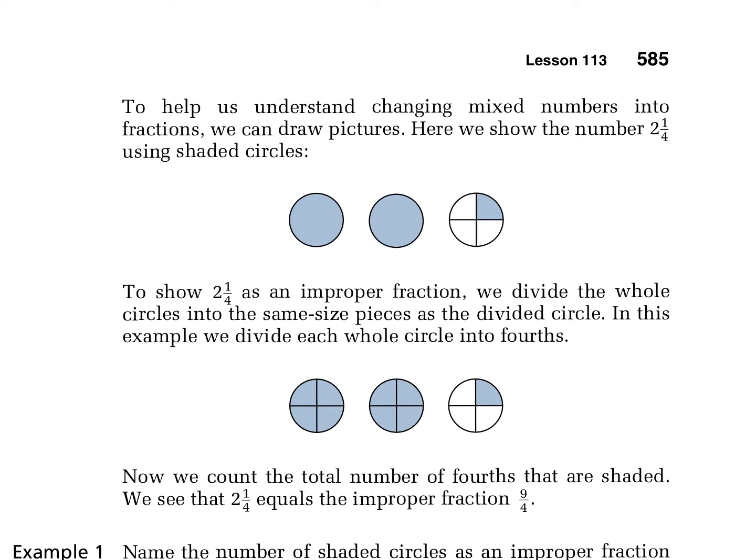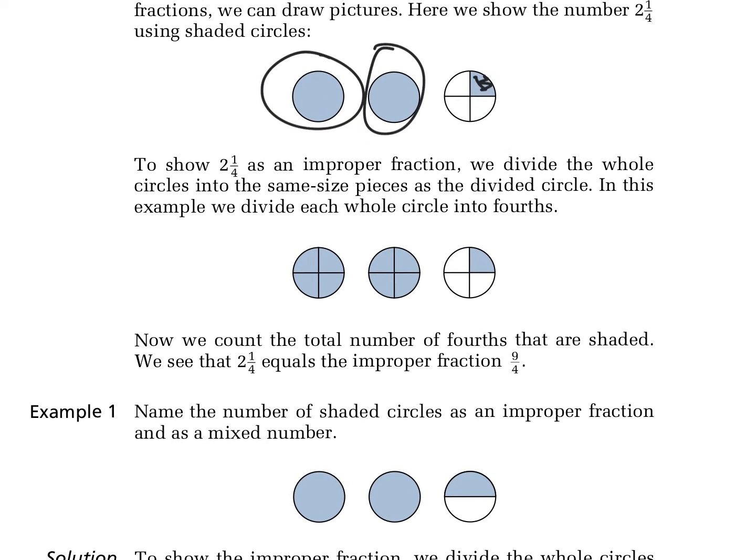Here we show the number 2 and 1/4. So there's 2 wholes and then 1/4 of another whole. To show 2 and 1/4 as an improper fraction, we divide the whole circles into 4. So we have divided each one into fourths, and now we count in same size pieces.